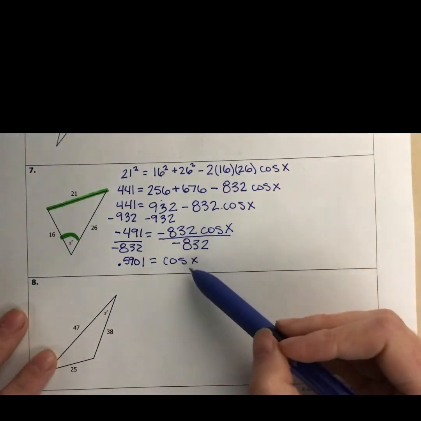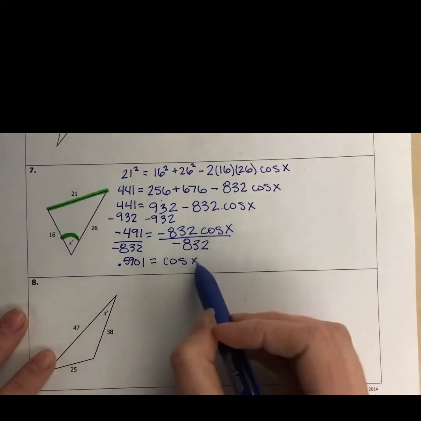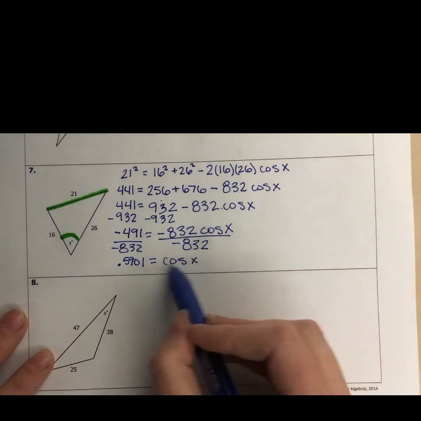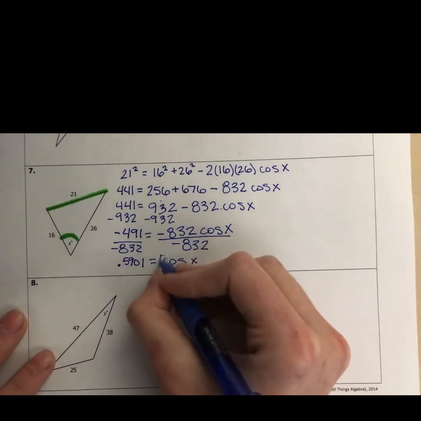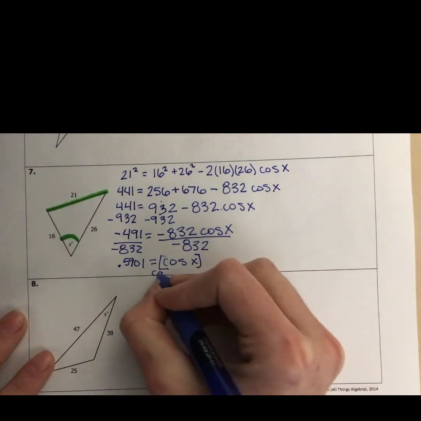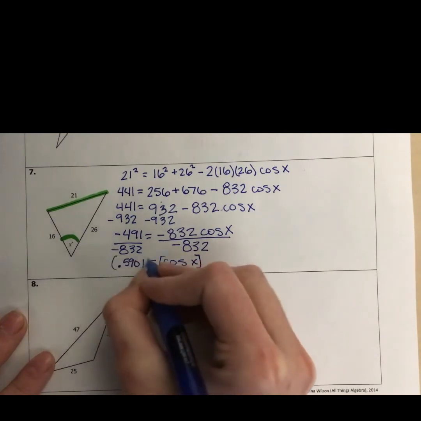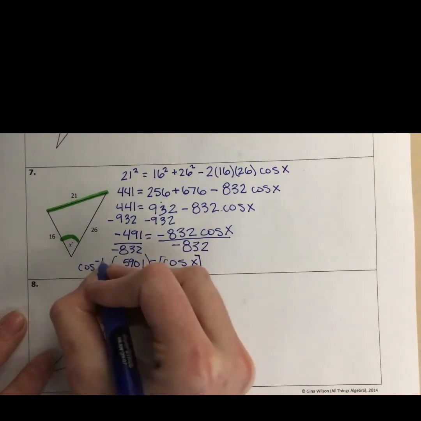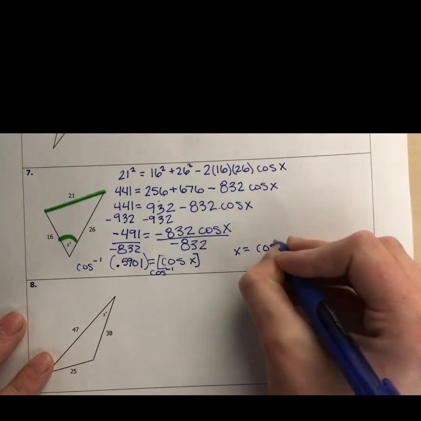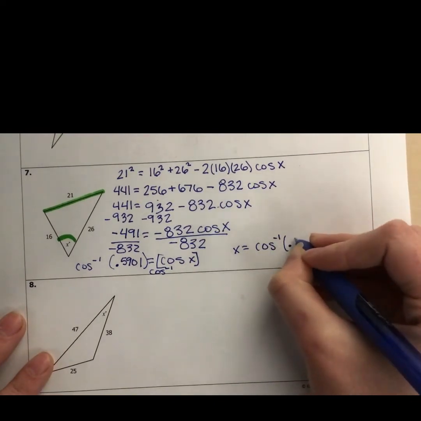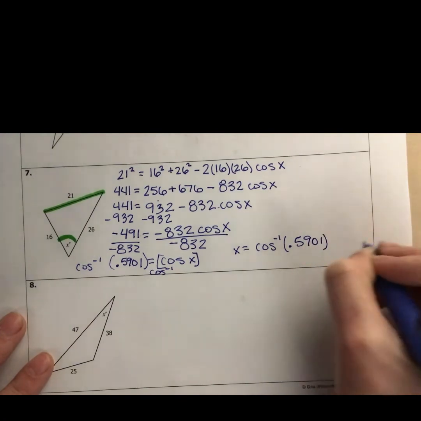Now we're to the point that we've talked about in the past where we're trying to solve for X, but it's inside of a function, and our trig is just functions. So that means that I can take the inverse of this function on both sides of my equation. So I get X equals cosine inverse of 0.5901.